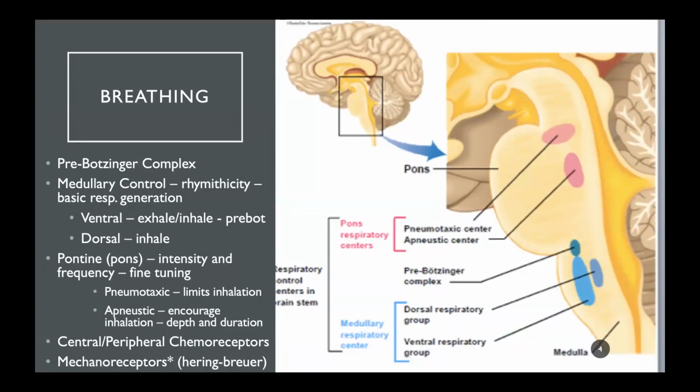You don't tell the heart, hey, go ahead and increase the rhythmicity or increase the contractility. You don't tell it to do that. Right? It just automatically happens. And that's also very intriguing. Well, the Pre-Bötzinger is known as the pacemaker of breathing, theoretically speaking.